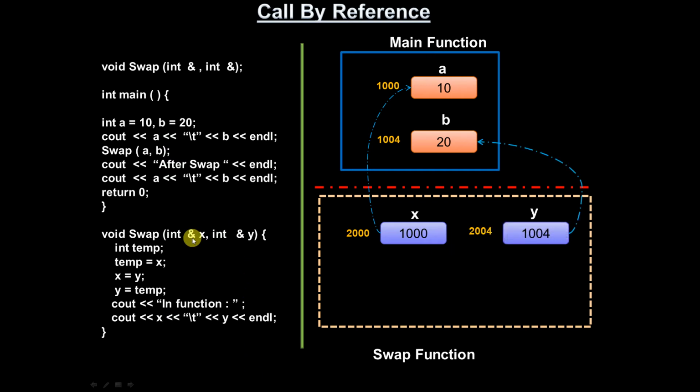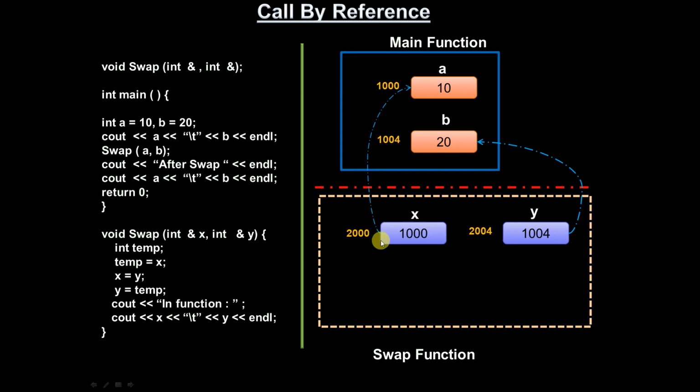We are not passing an address here, but the compiler internally converts this reference to constant pointers. That is the internal implementation of reference variables. That's why I told you, before going to call by reference, refer to the reference variables implementation. Then you can understand this easily.